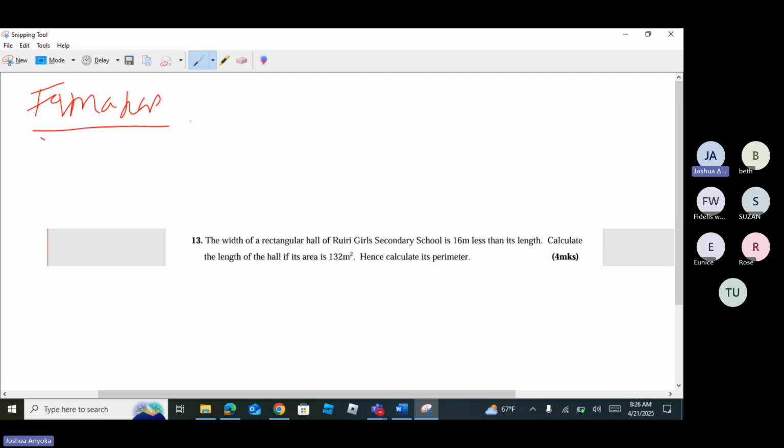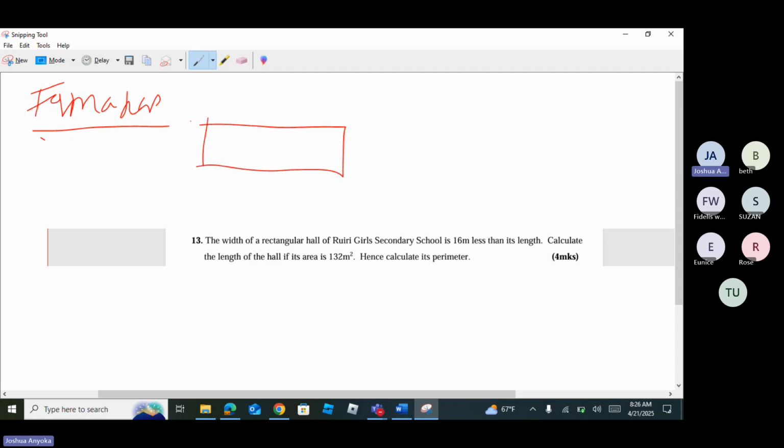You read and interpret the way it is. Sometimes it is better to work with diagrams. It creates a mental picture of what you are doing. It's a rectangular hall, so you draw that rectangular hall.